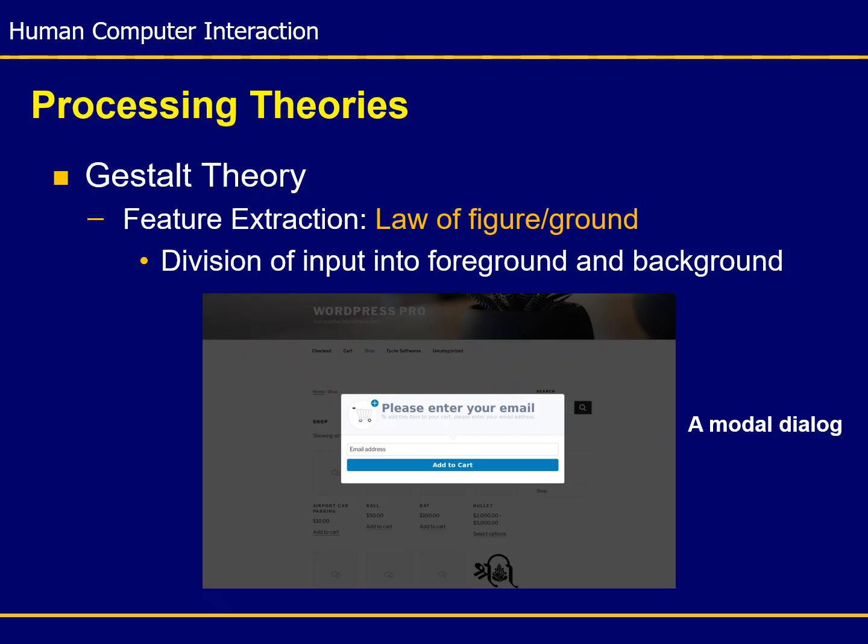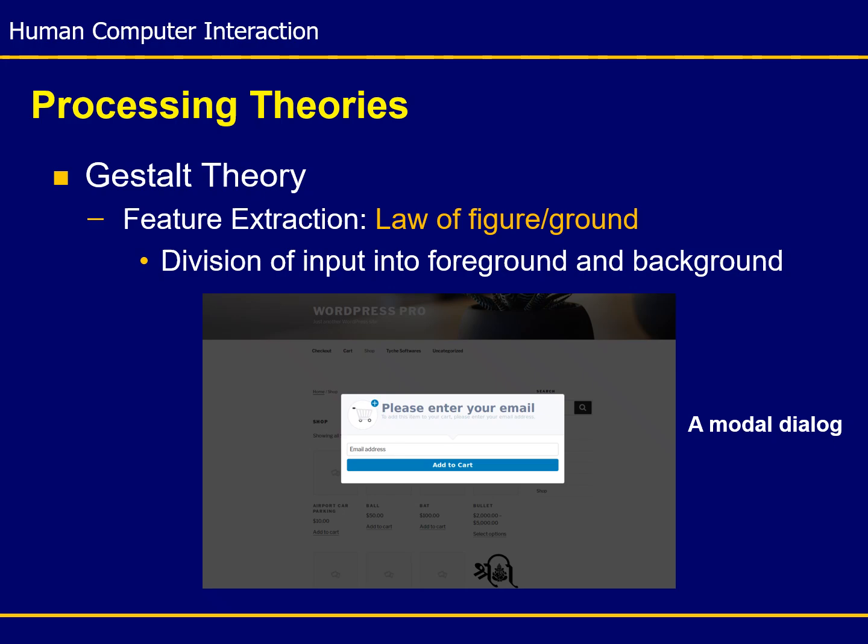You can take him to a page, and prevent him from moving away from that page until he enters his email. But if this is so important and you would like to attract his attention, what you do is dim the background and display what's called a pop-up modal dialog on top, so that his focus is on this dialog that is now, illusion-wise, in the front.